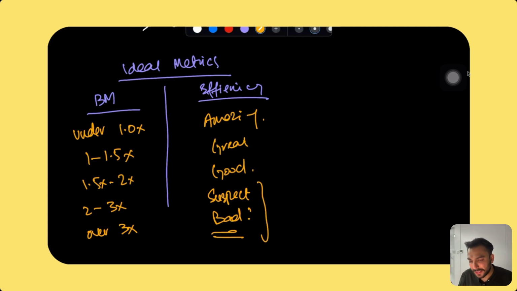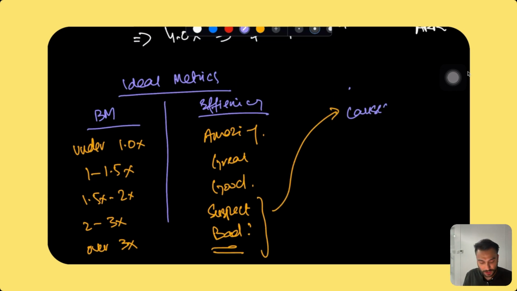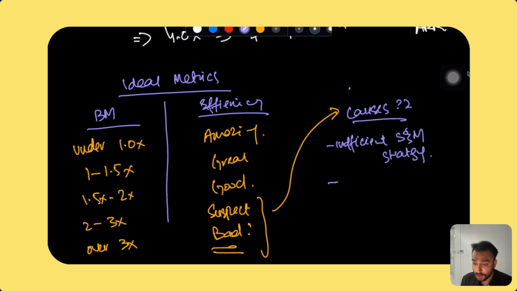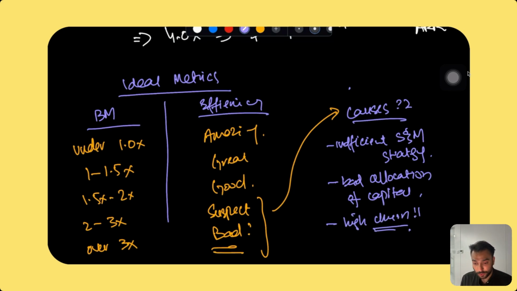And mainly, there are 3 reasons for this. Number 1 is that you have a very inefficient sales and marketing strategy, or you are very bad at allocating capital, or you have very high customer churn. All 3 of these can be reasons for very high burn multiples.